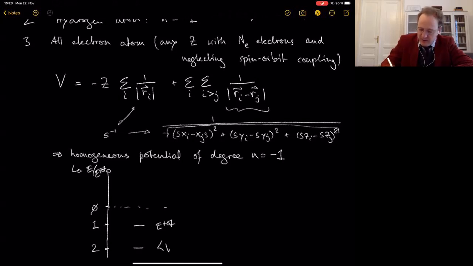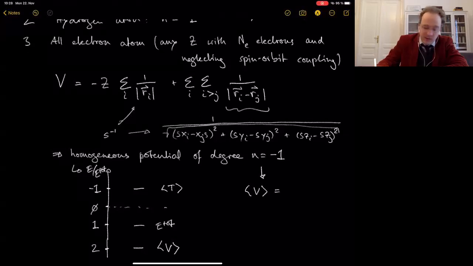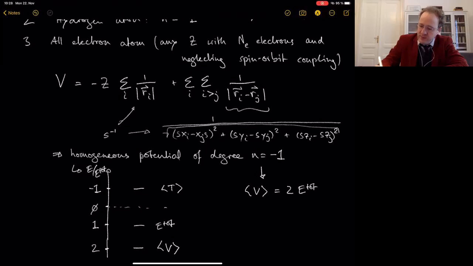This would be V. And here you have minus 1. This would be kinetic energy. Right? So with this homogeneous potential, your V is equal to 2 E_tot, and your kinetic energy is minus E_tot.